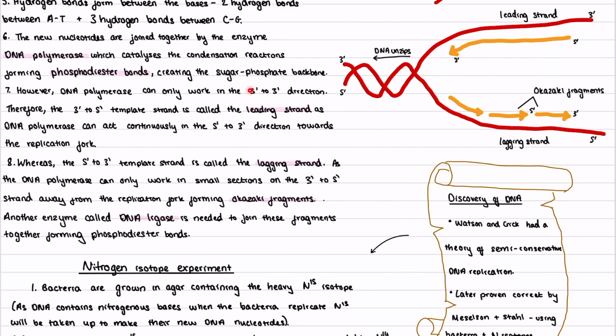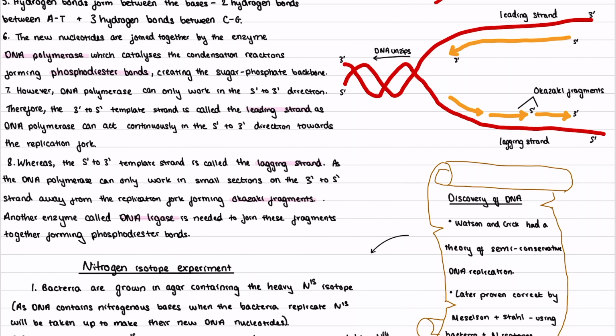Therefore, the 3' to 5' template strand is called the leading strand, as the DNA polymerase can act continuously in the 5' to 3' direction towards the replication fork. As you can see here, the red line shows the leading strand, acting as the template, 3' to 5'. Then, the new strand forms anti-parallel in the 5' to 3' direction, which is the direction the enzyme likes.